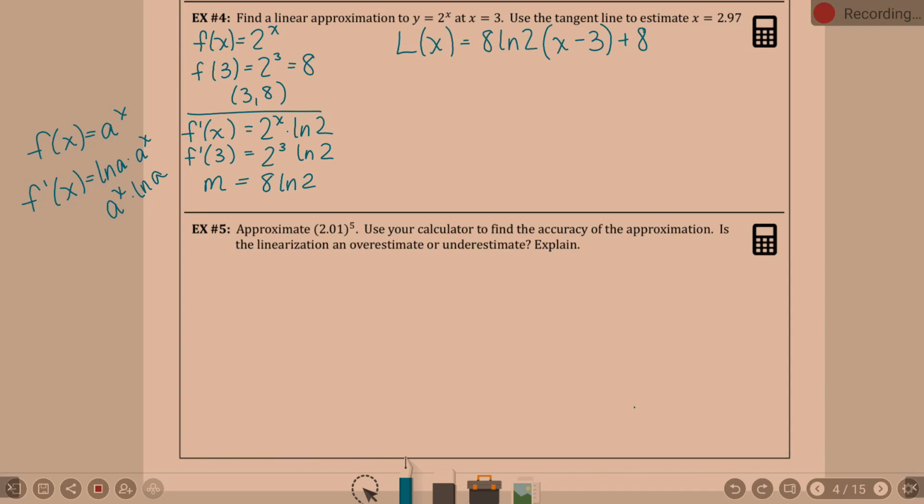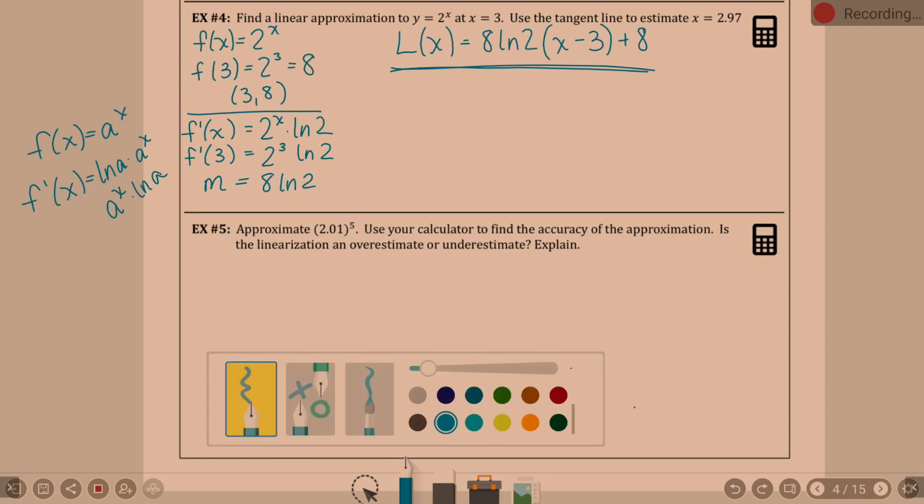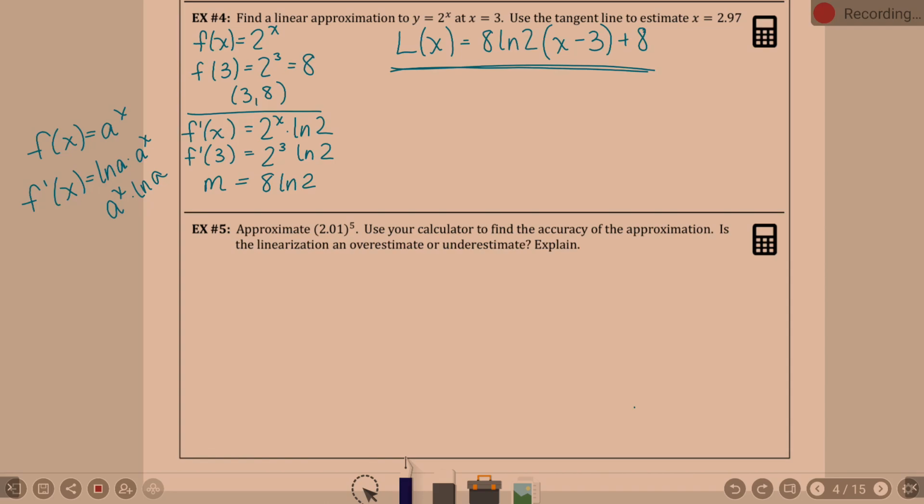Okay, find a linear approximation. So there is the first piece when they ask you to find the linear approximation. Then it says what? Use the tangent line, so that's the tangent line, to estimate x equals 2.97. So you're doing linear approximation at 2.97. 8 natural log of 2 times 2.97 minus 3 plus 8.